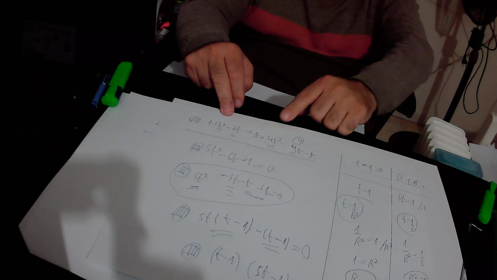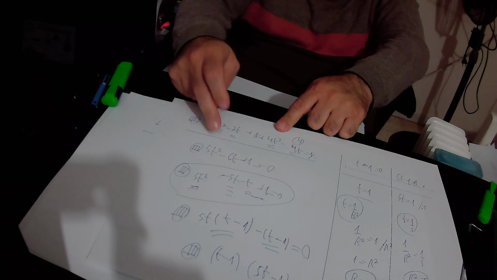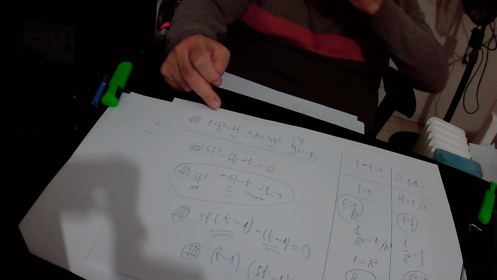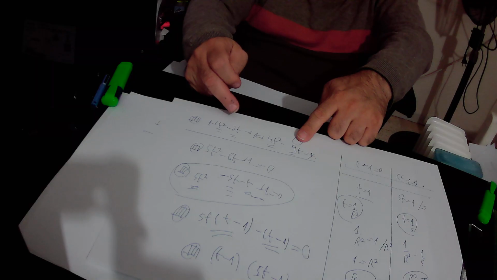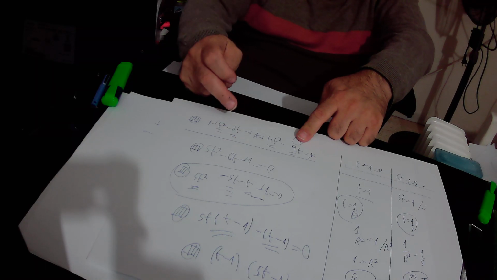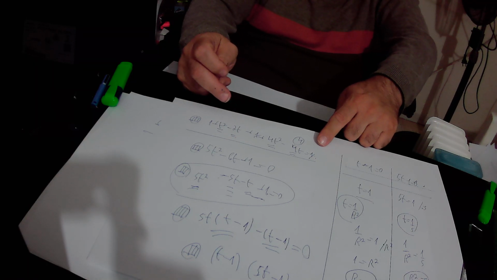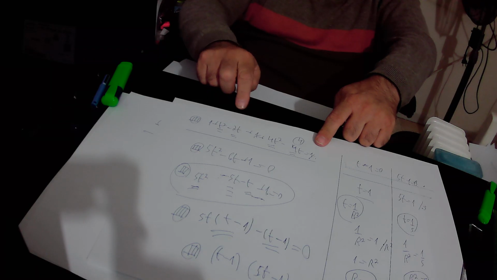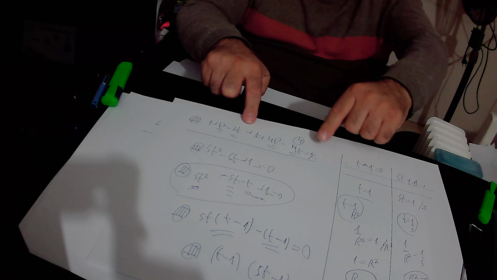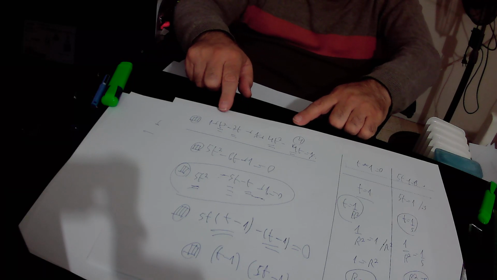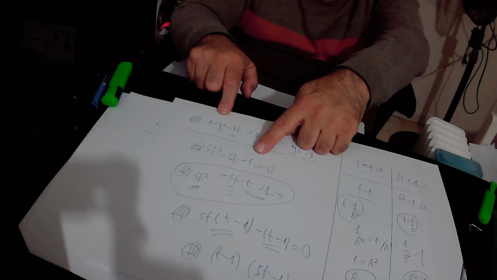So t squared plus 4t squared is 5t squared, minus 4t minus 2t is minus 6t, and here we have 1 on both sides of the equation, so 1 will get cancelled. Here we have 0, and we have also another 1, so it will be plus 1.